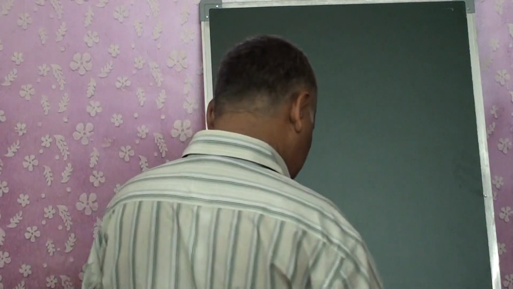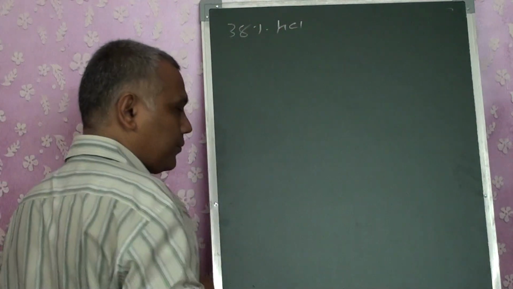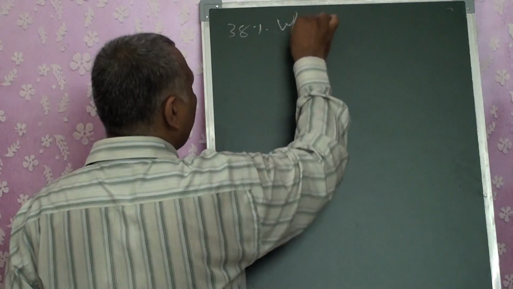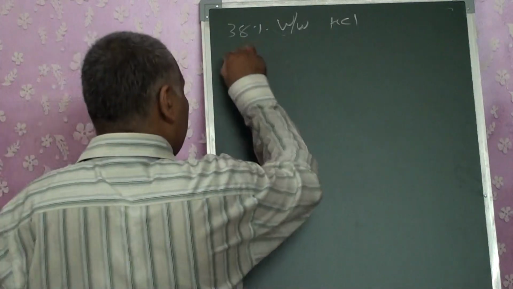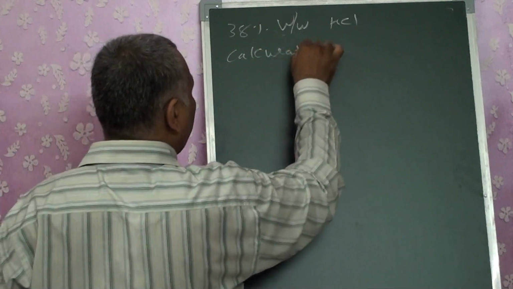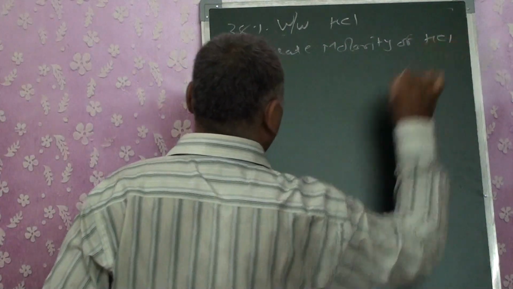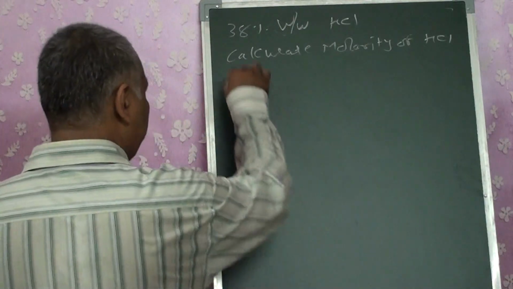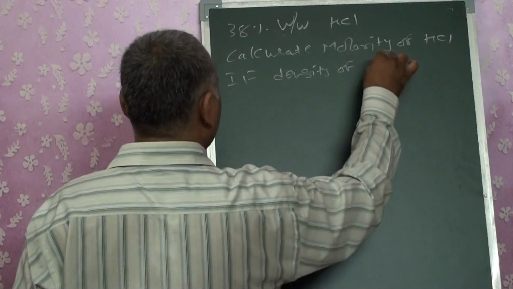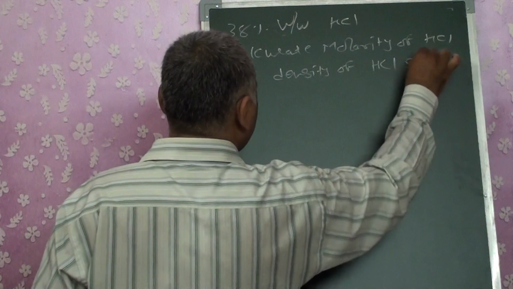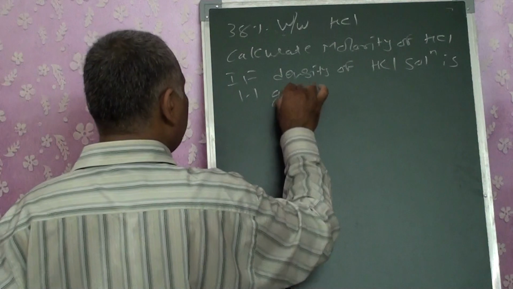It's told to us we are having 38% W by W HCl, and it is told to us: calculate the molarity of HCl if the density of HCl solution is 1.1 gram per ml.